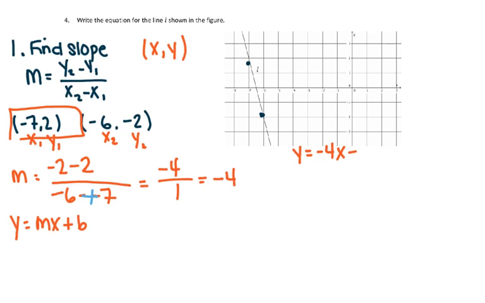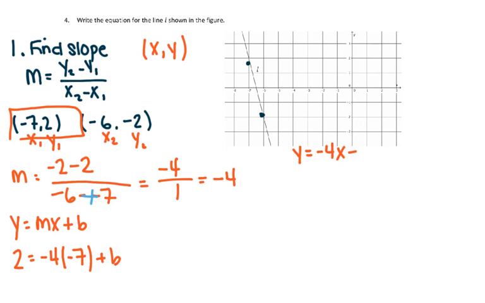So I'm going to use negative 7, 2 as the point. So I'm going to plug in 2 for my y value equals my slope, which is negative 4. And we're going to multiply that slope value by negative 7 because that's my x value in the point that I chose, plus b. And remember that I'm solving for b.